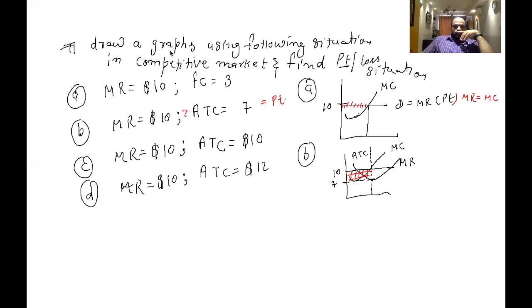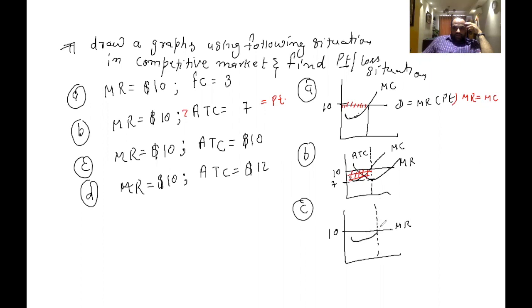Now C. What is C? C is MR 10, $10. That's your quantity.